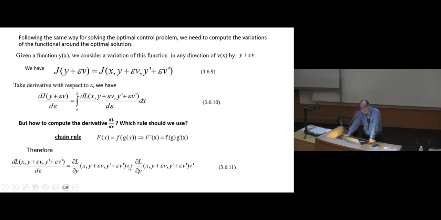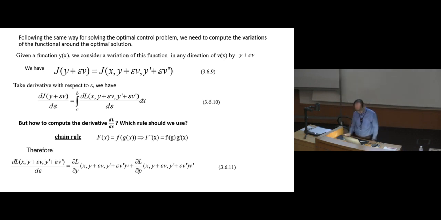That takes care of the derivative for the second variable. Then the derivative for the third variable, right? This one, of course, also depends upon epsilon. So we take the derivative of L, dL/dp, because L is a function of x, y, p, right?